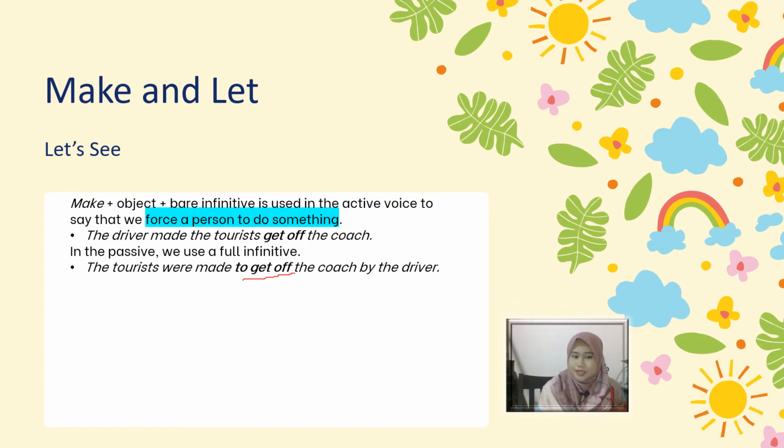So that is how you use make in infinitives. So it differs. If you use active voice, you have to use bare infinitive, but if you use passive voice, you have to use full infinitive.